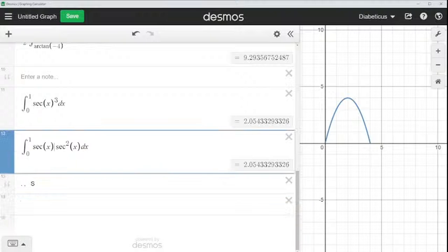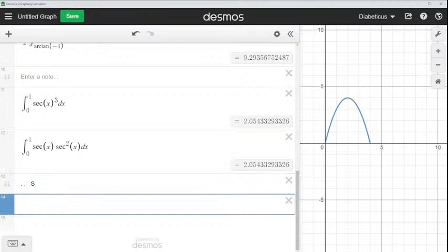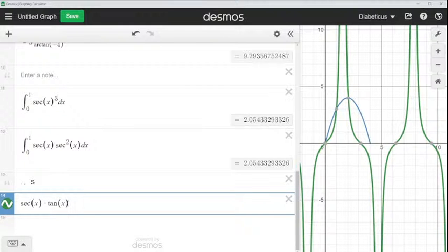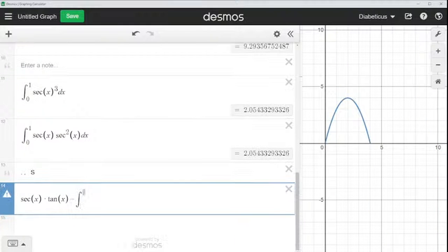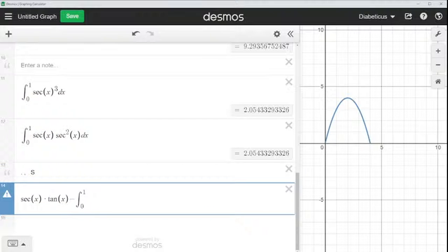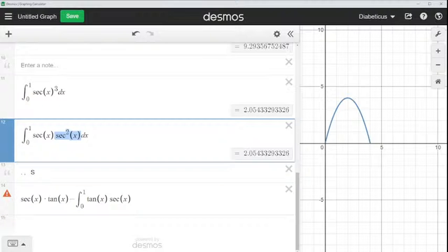All right. So this time we're gonna write down the secant x and multiply it by the integral of secant squared, which is tan. Okay, close enough. And minus that, with secant x, the derivative of this, which is like tan sec, times the integral of this guy.